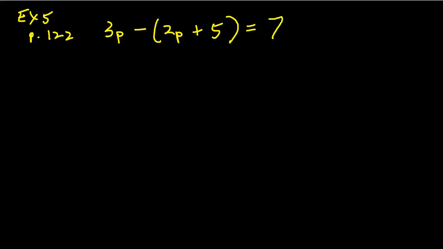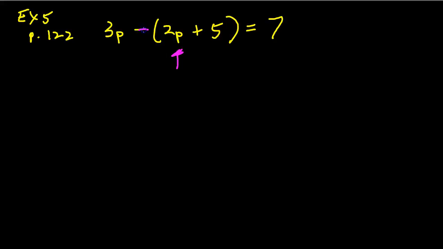Somewhat similar to the last one. We've got a p variable here, but it's trapped inside parentheses, so we'll have to do some adjustment to get that term out of the parentheses so we can combine it with the other p term.